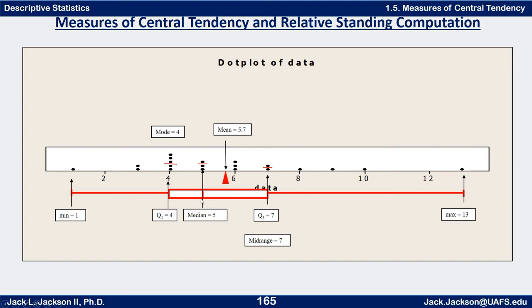That also illustrates the central tendency, the median right there. And you can kind of see I've got a line drawn where the median is, where Q1 and Q3 are. The mid-range is 7. It's right here, which is halfway between the minimum and the maximum. But notice about 3/4 of the data is below it, only about 1/4 above it.